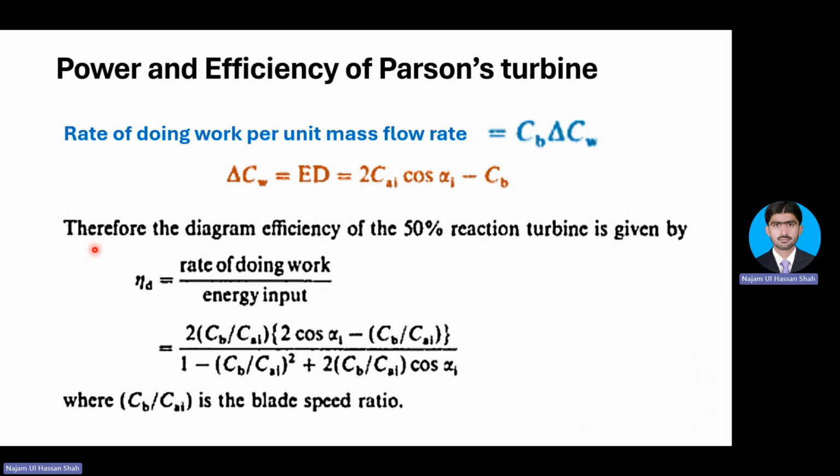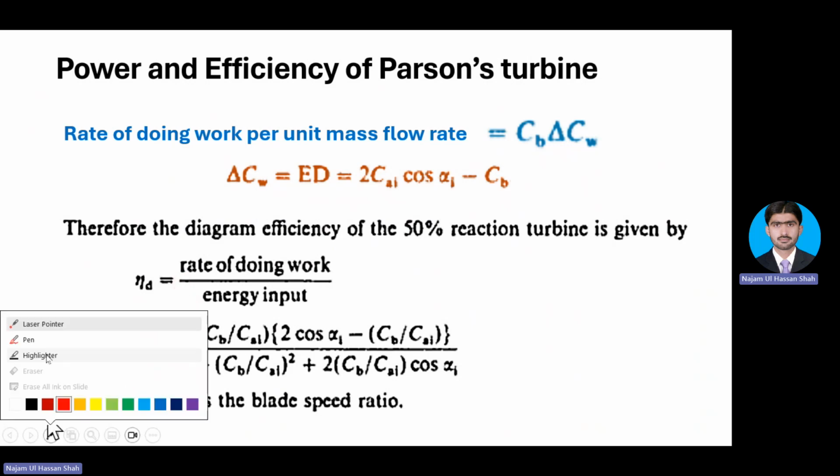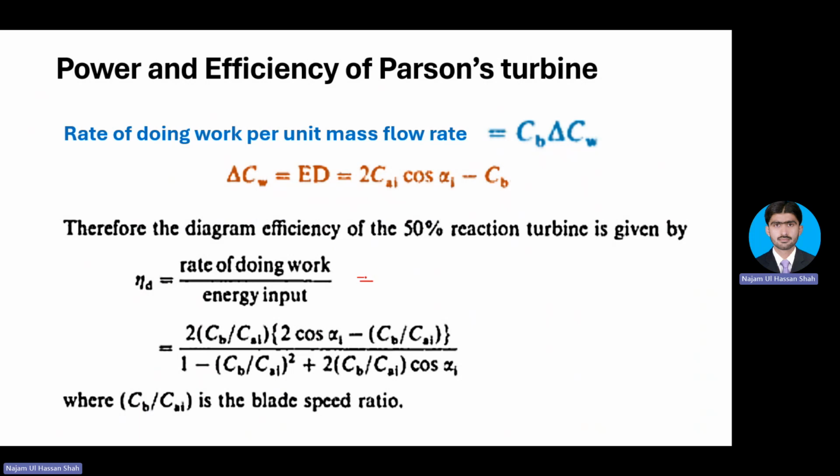Therefore, the diagram efficiency of 50% reaction turbine is given by eta D is equal to rate of doing work divided by energy input. So you can write intermediate formulas here, like this will be equal to CB into delta CW over CAI square minus CRI square divided by 2.